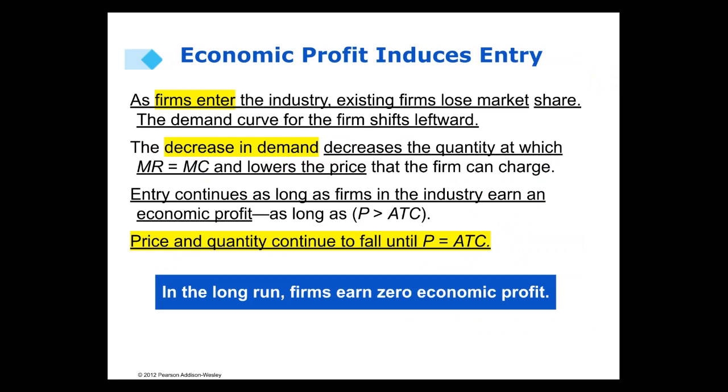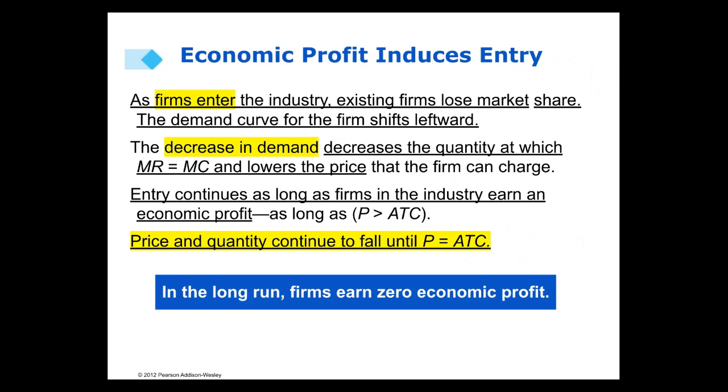But in the long run, because there are no barriers to entry and exit, economic profit induces entry. As firms enter the industry, existing firms lose market share, the demand curve shifts leftward, there's a decrease in demand, it decreases the quantity where the marginal cost equals the marginal revenue, and entry keeps on happening.